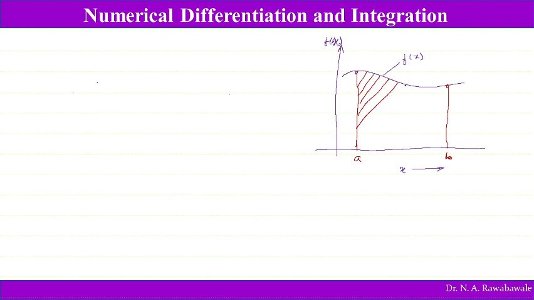In order to find this area, we take the help of integration. Integration is nothing but addition: we divide this complete area into small areas and add the small areas to find the total area below this curve. This curve is nothing but the function f of x.